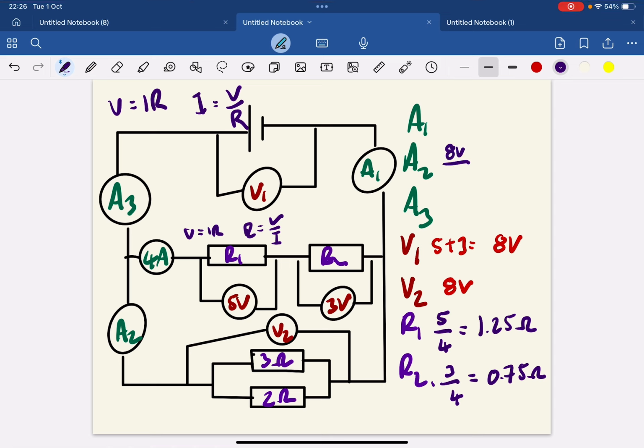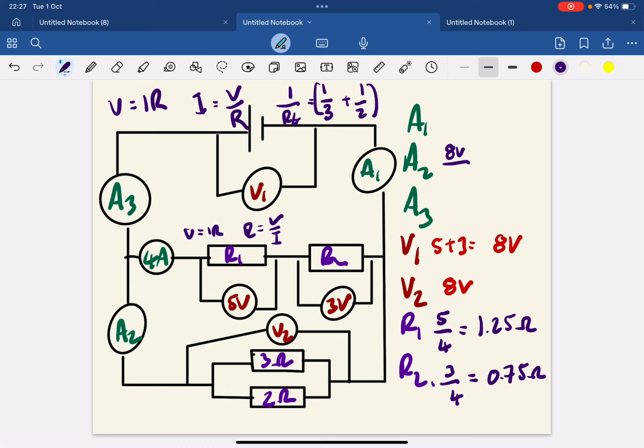We need to divide that by the resistance. What we've got here is that circuit. Again, we've got a parallel circuit here. And just a reminder, like we said before, our total resistance is equal to, in this occasion here, 1 divided by 3 plus 1 divided by 2. So that's how we do the calculation there.